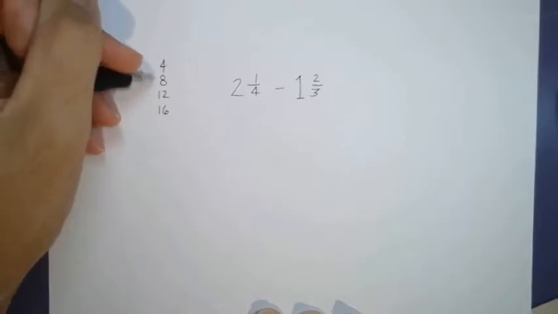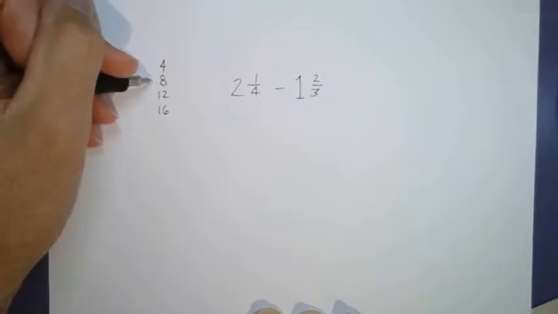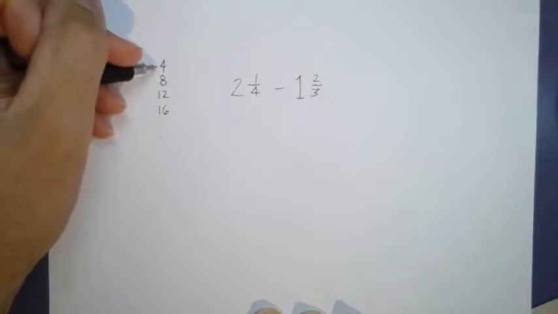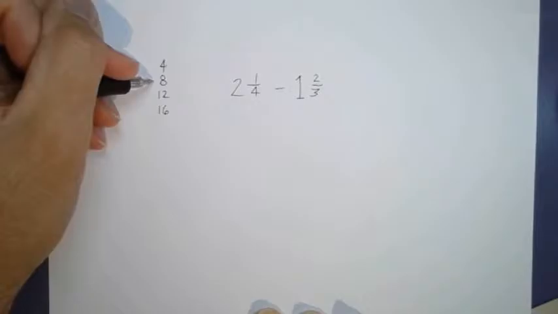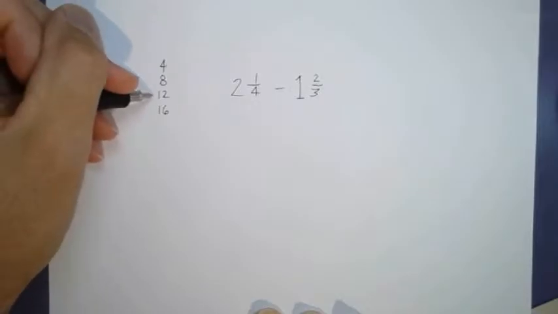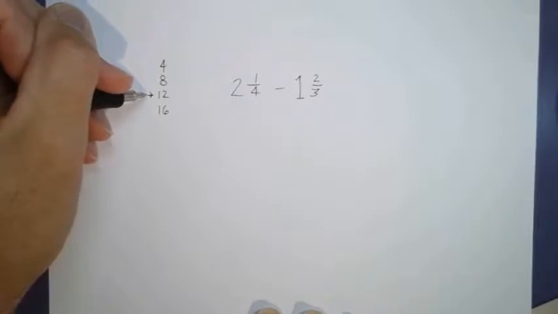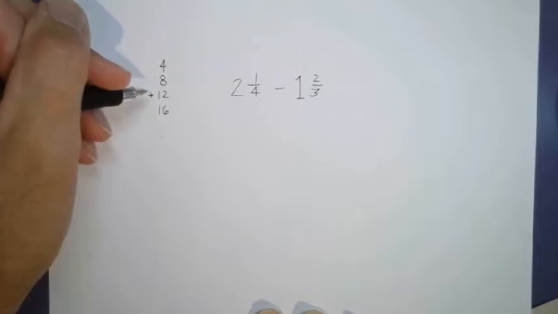And we want to do enough of these until we can recognize one of these is evenly divisible by 3. So 4 doesn't work, 3 times 3 is 9, close, not close enough, 3 times 4 is 12. So we want to make both of these fractions into something over 12.